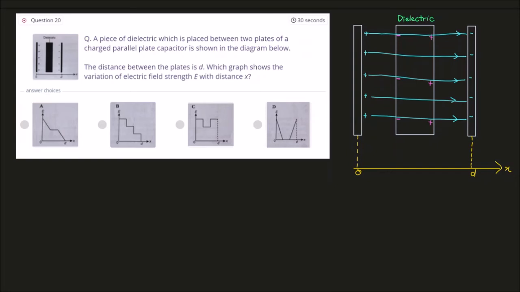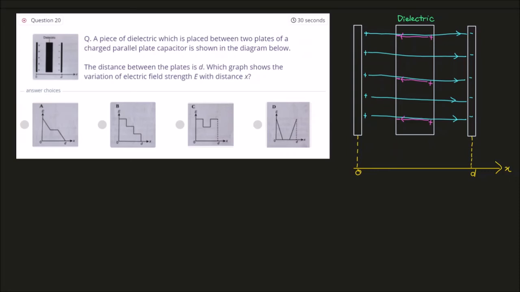Okay, so with that being said, we know that there's negative and there's positive. Of course, you can also create an electric field. But this time the electric field will be in the opposite direction, because the plus is now on the right and the negative is now on the left.